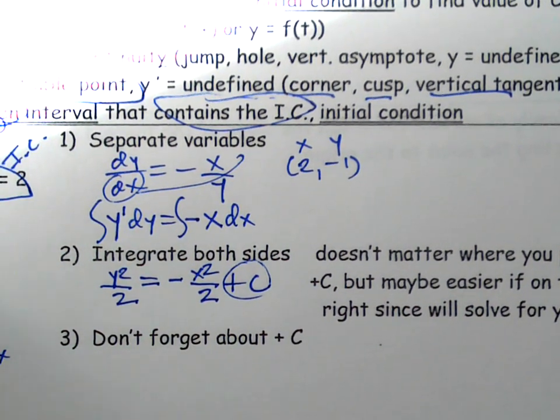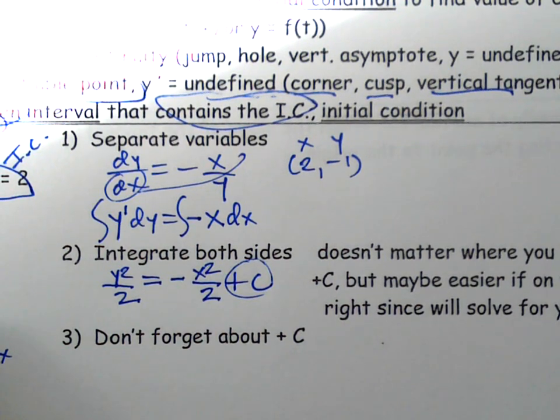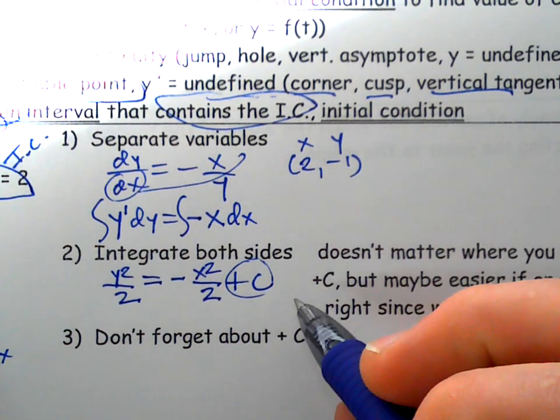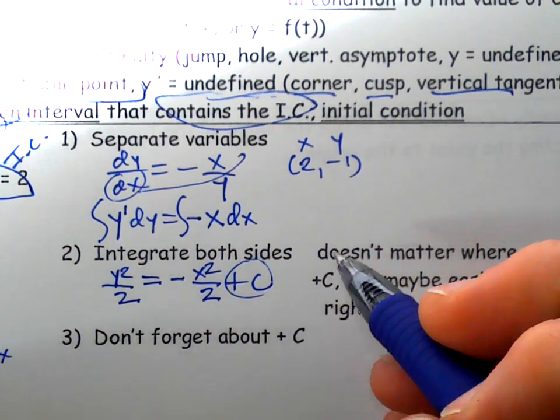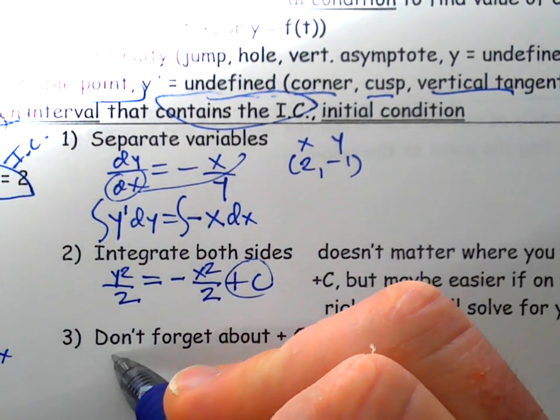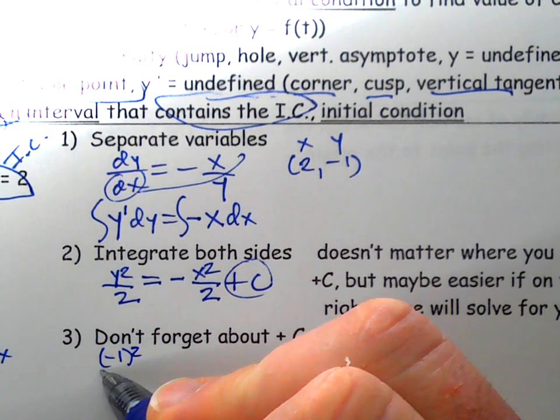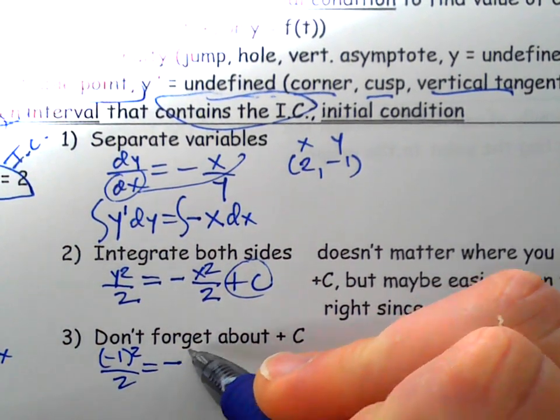Now, let's find the plus c right now, because dragging it through the rest of our work to get y by itself is a pain. It's going to be easier if there's an actual value there, I think. You can find it at the end, but I think it's kind of a hassle. So we're going to plug in negative 1 for the y and plug in 2 for the x.